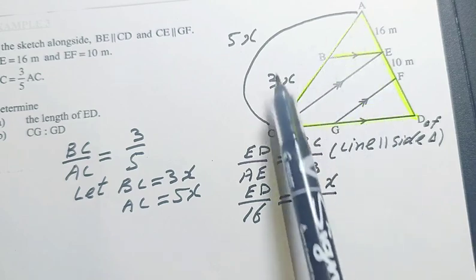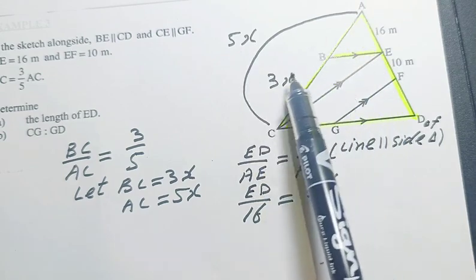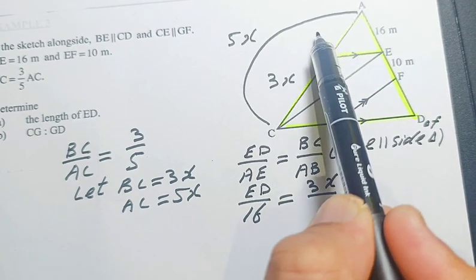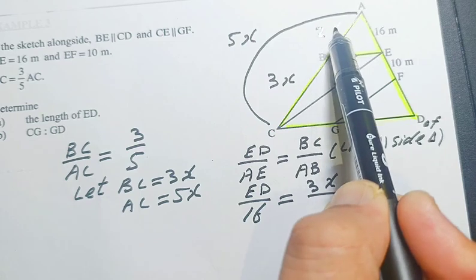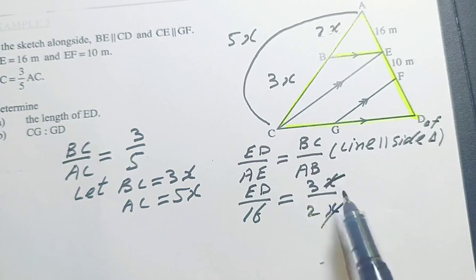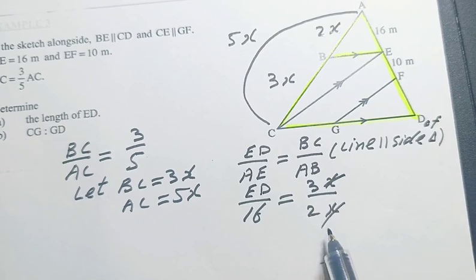So AC is 5x, so AB is gonna be 5x minus 3x, which is 2x. So I write 2x. x and x cancel because they are in fraction form.